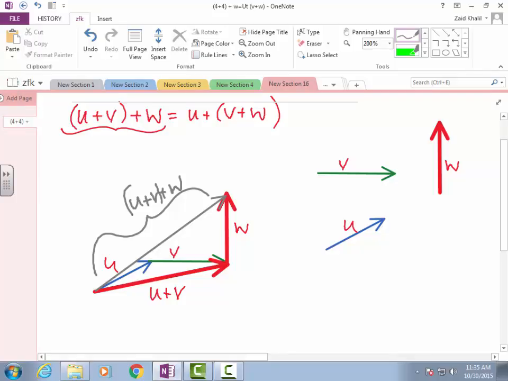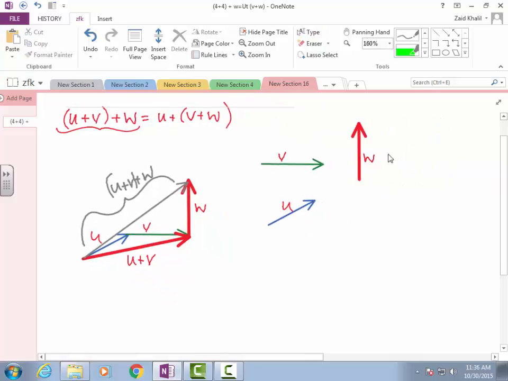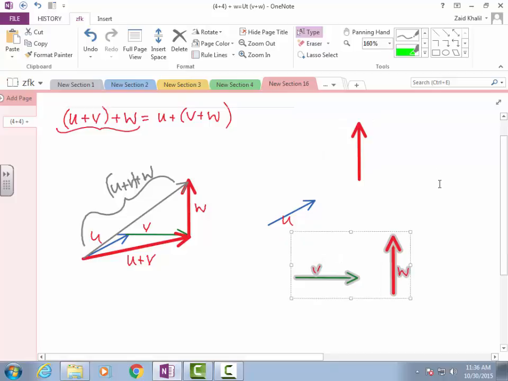What do I do first? That's right. So I'm going to add v and w. So now let me actually take these two. Let me zoom. I'm going to copy this, paste it, move it down here, take v and w.